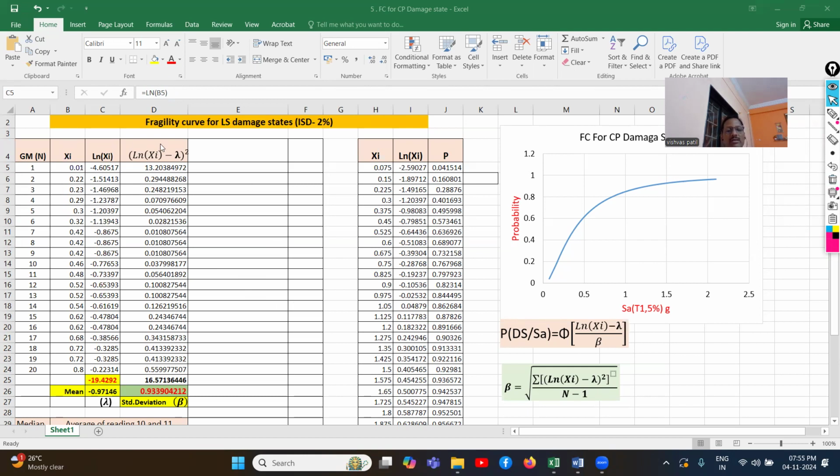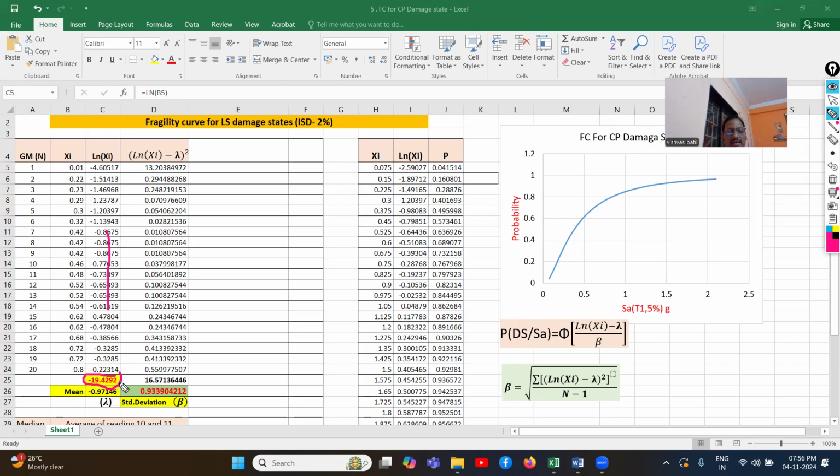Next, first of all, we'll see how to find lambda. Here, this is the summation of column C. The mean value, or lambda value, will be this summation divided by the number of readings, that is 20.